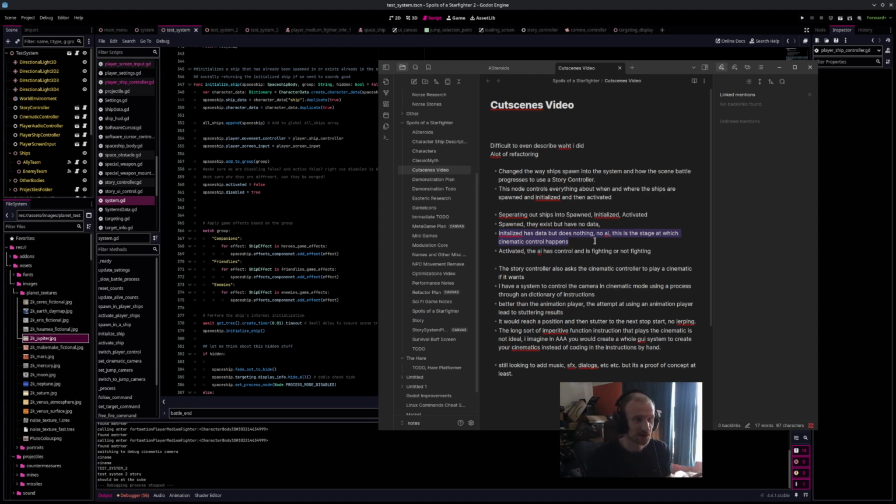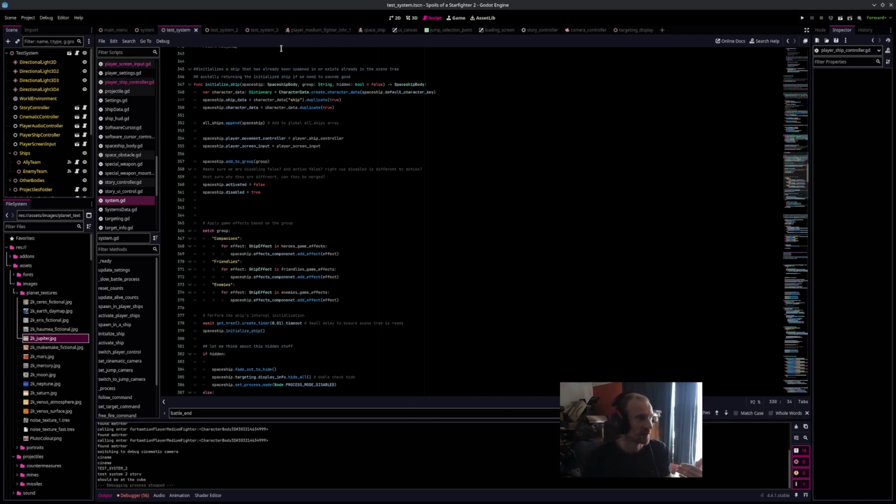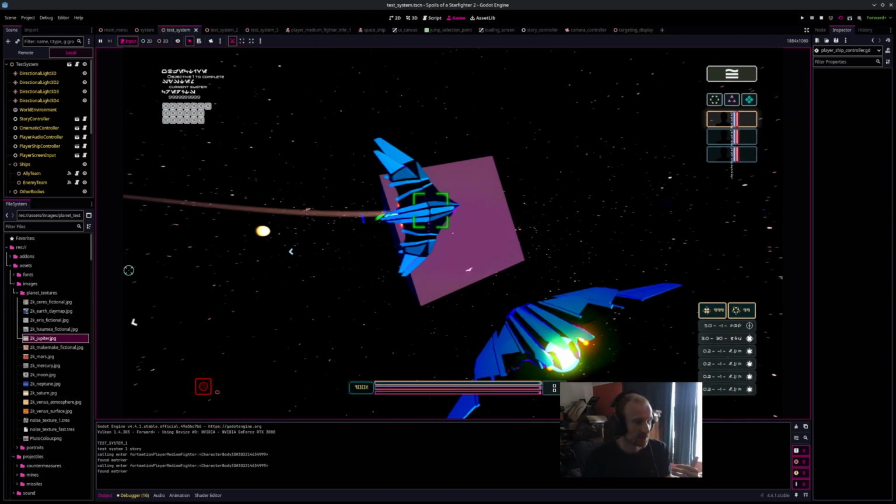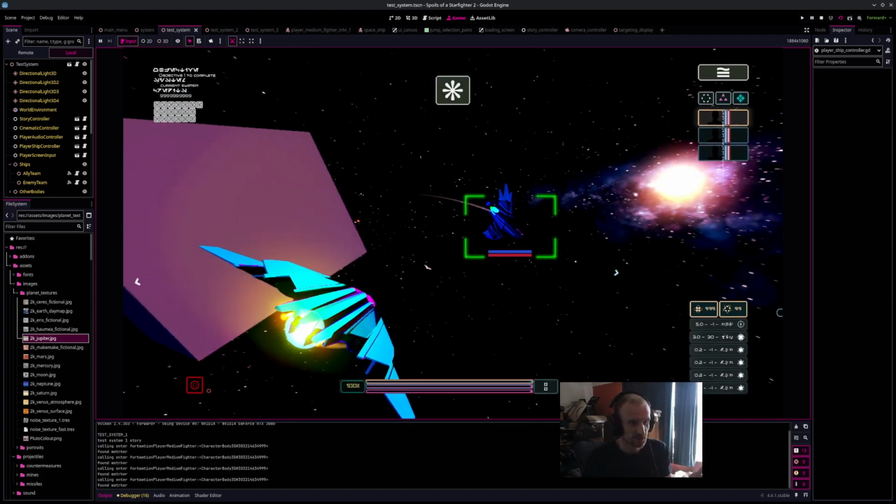But there's no AI. Activated, the AI is in control and they're fighting. And at the initialized stage, the non-activated stage, that's when the cinematic control happens. So you can see in this first example, we went from AI is working. See, this AI is working.